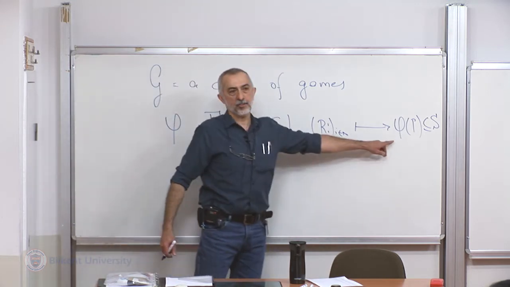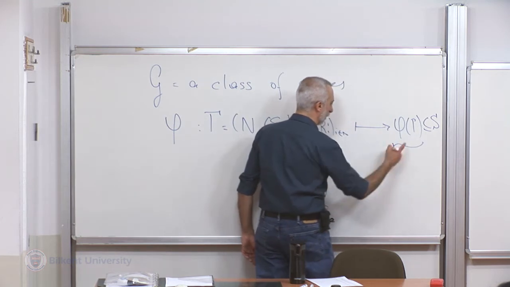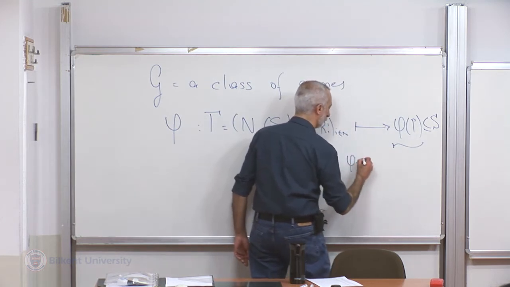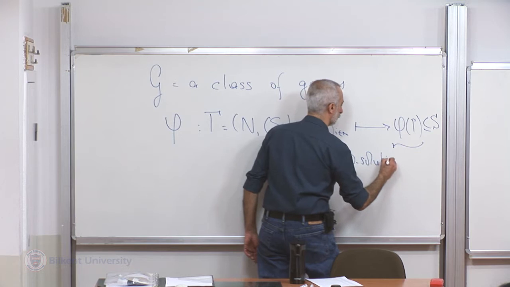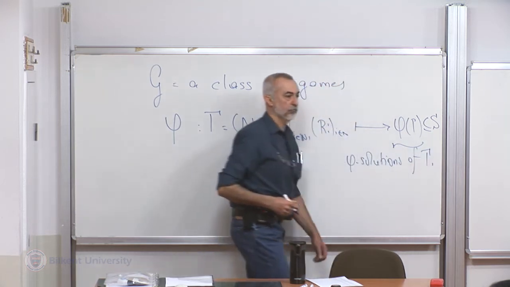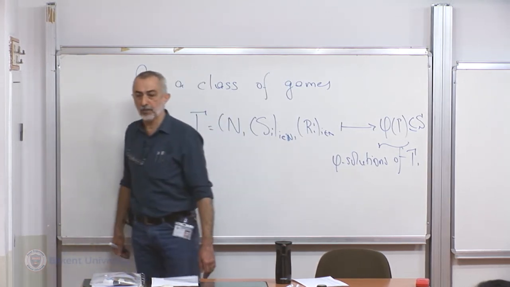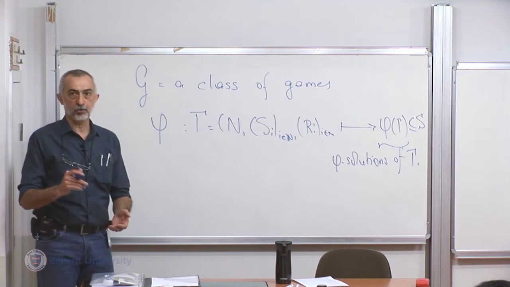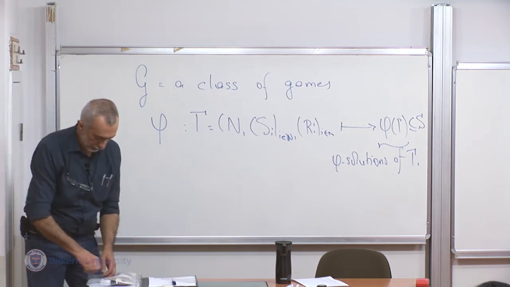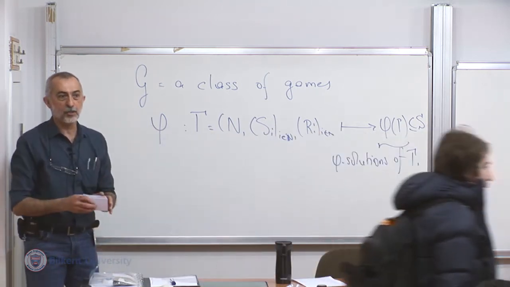We will call this the phi solution concept, and this set we will call the phi solutions of gamma. Okay? So what we will do today is we will start studying different solution concepts. But before we get serious, let's play a game.